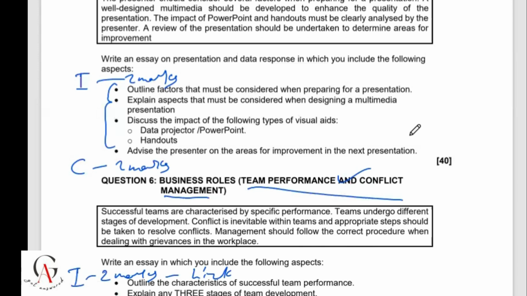Okay, right. So now grade 12, let's check our body. The first bullet says outline factors that must be considered when preparing for a presentation. In preparing for a presentation, be clear about the purpose, intentions or objectives of the presentation.